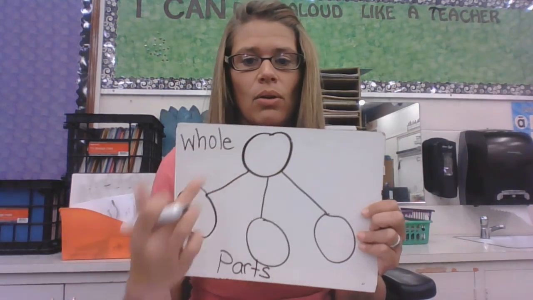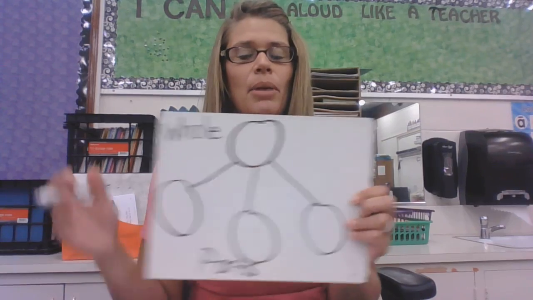And at the end of each line, you're going to make yourself a circle. And don't forget to make your circles big enough so you can write your numbers in them. Okay, so now this is my hole. And these are my 3 parts. Okay, so I've got my 1 hole and now I've got my 3 parts.